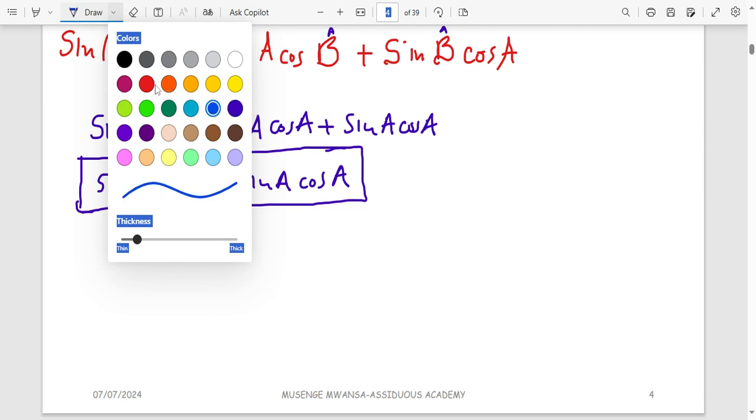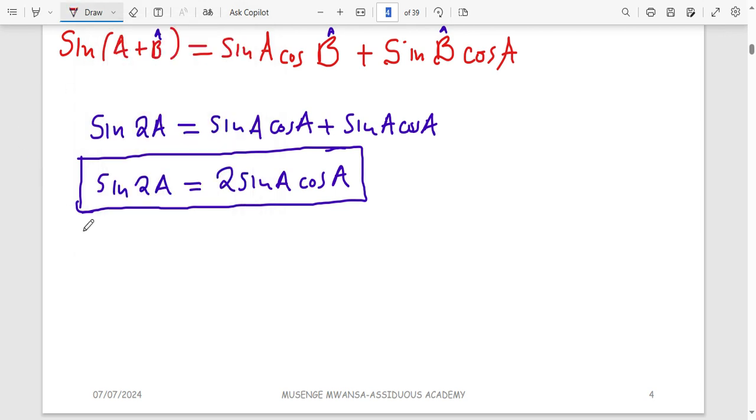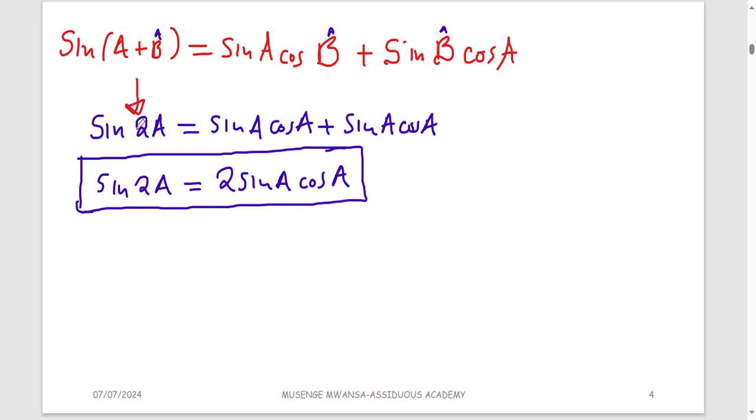Now, I want you to imagine this. Imagine we half the angle. What then is going to happen? What do we mean by saying we half the angle? So if we get this angle here, instead of it being 2, we make it a 1.